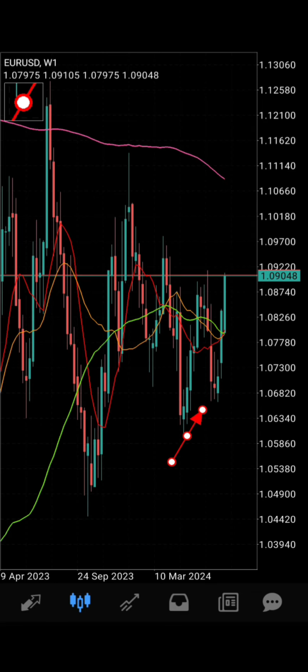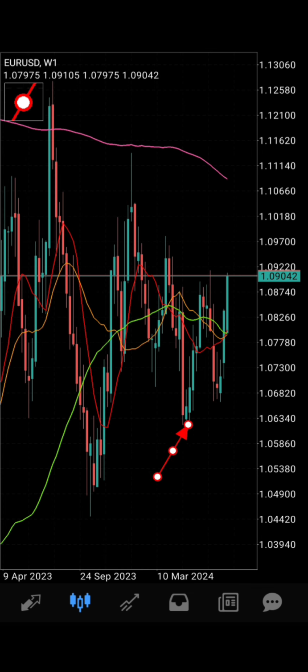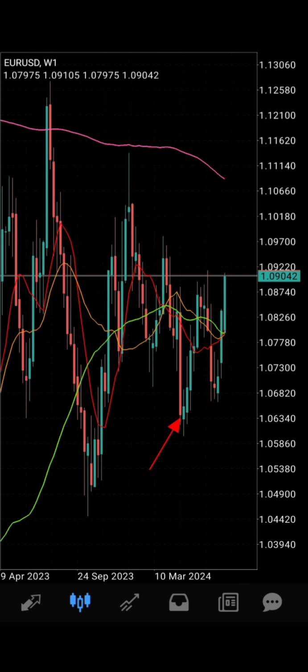As you can see, this low is higher than that low, right? So what does this mean to us? That means we need to then be aware that there might be a potential trend change, right? As you can see, price failed to beat this low right here. So that means we were looking at a potential reversal.